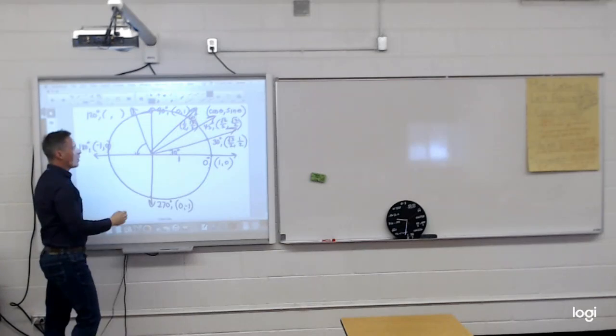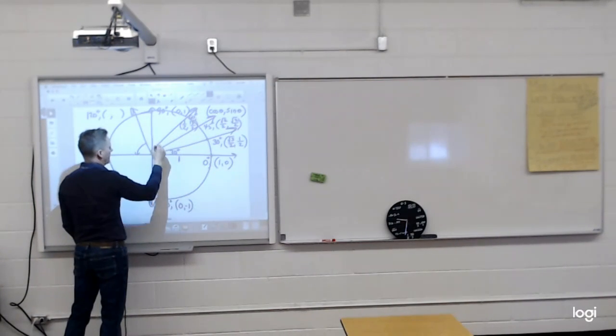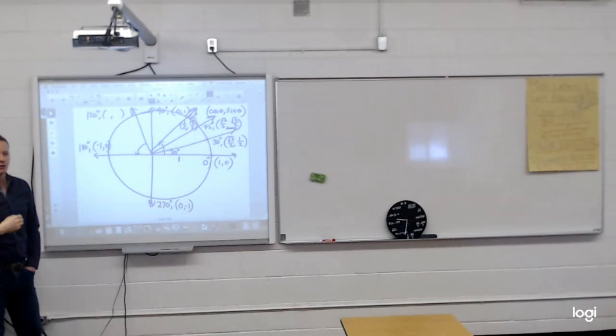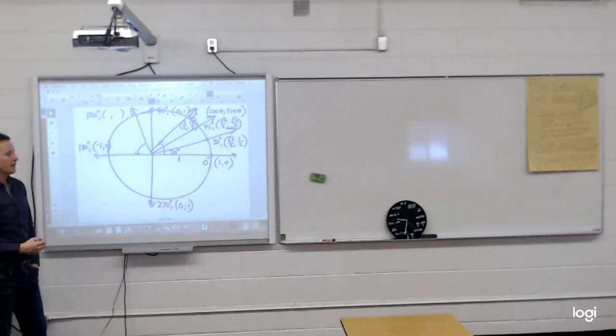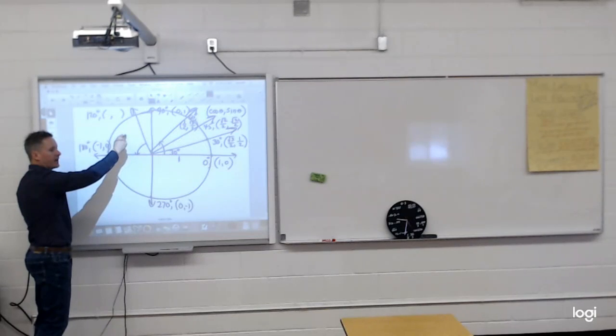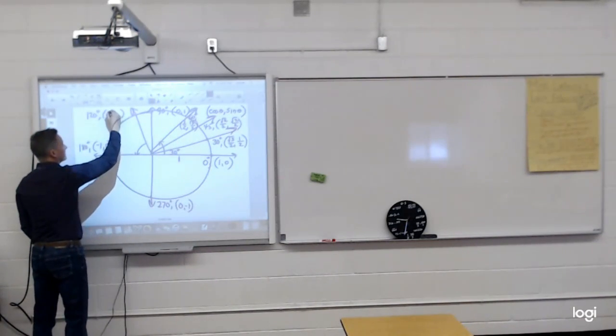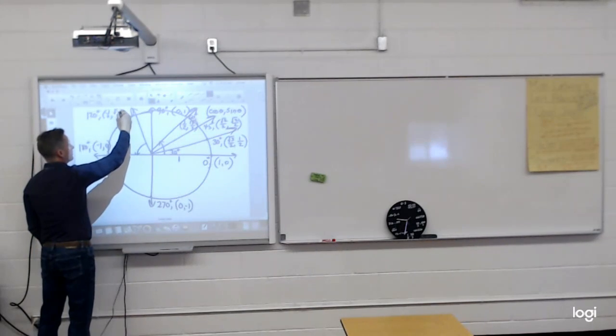So the coordinate for this one is going to be the same as the reference angle in the first quadrant, which was 60. What do you think is the only change I have to make? A negative. For both of them? No. Is y positive or negative up here? It's positive. So is x positive or negative in this quadrant? Negative. So I only have to switch that one. So it's the same coordinate, minus 1/2, root 3 over 2.